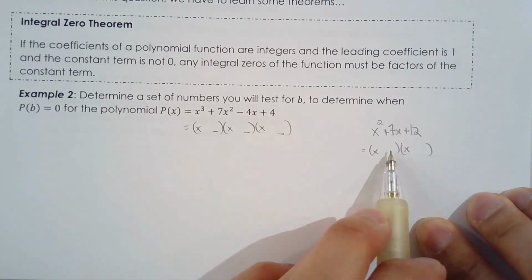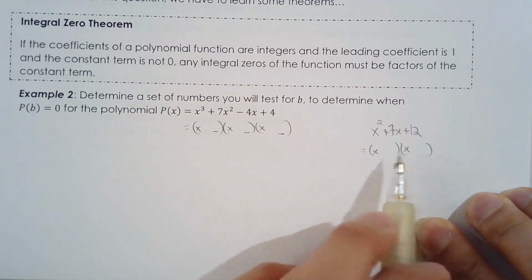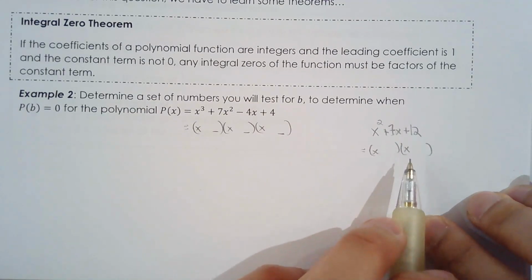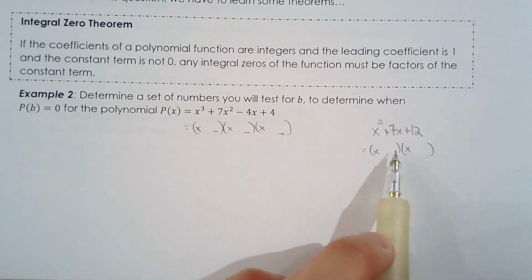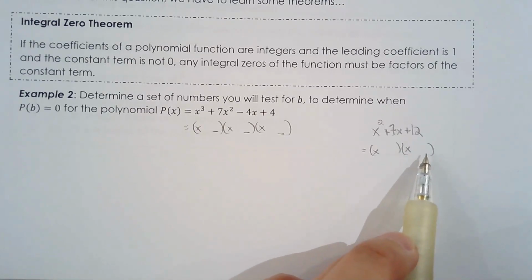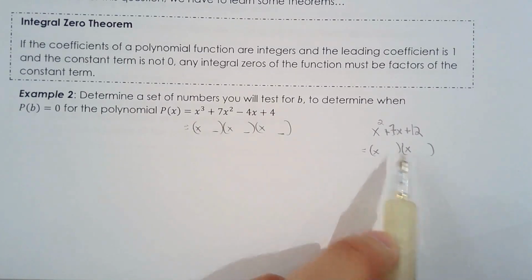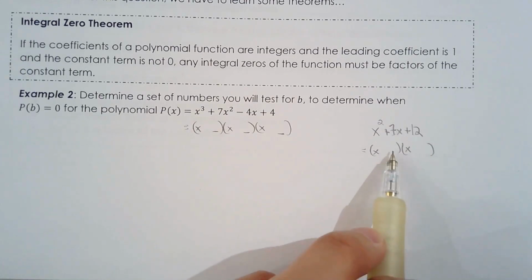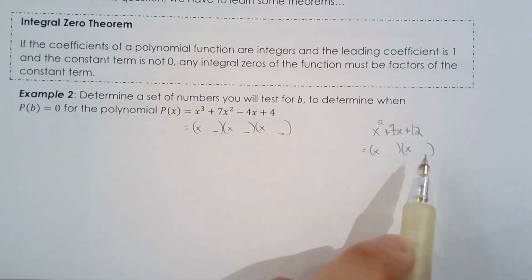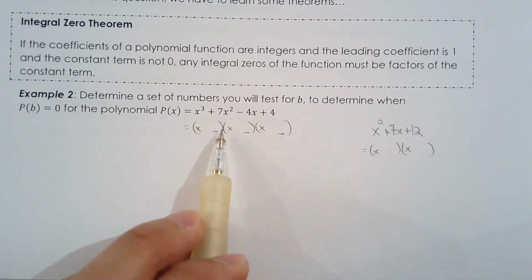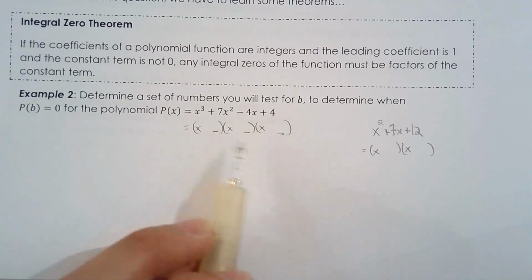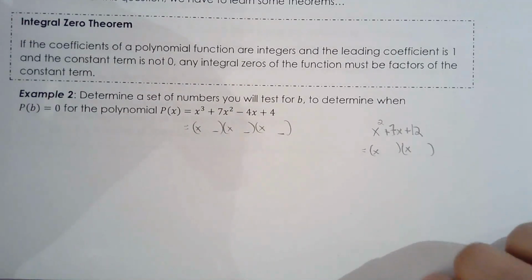It could be 1 and 12, 2 and 6, 3 and 4. And you can do negative, negative as well. But all I'm saying is the numbers here have to be factors of 12. Now, obviously, you know it's 3 and 4, but that's beside the point. All I'm trying to say is they have to be factors of 12. So for the same reason here, these values have to be factors of 4. So that's basically the integral zero theorem.